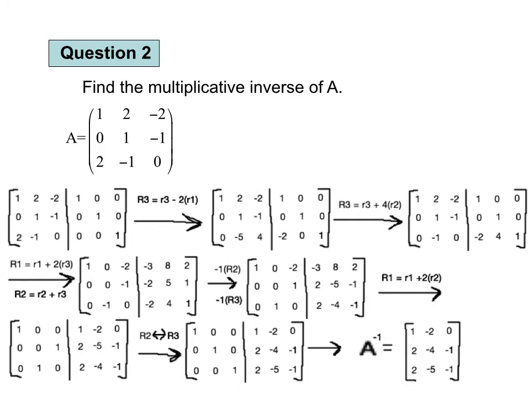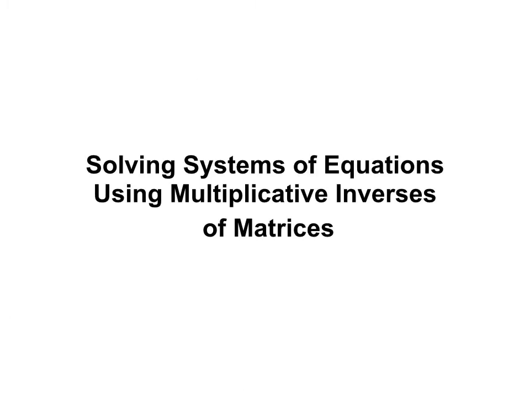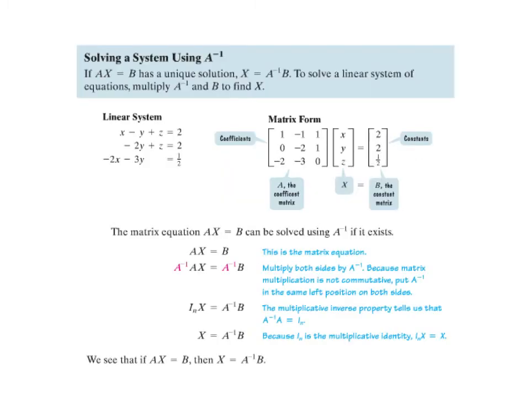Okay, now let's move on to how we can use those multiplicative inverses in systems of equations. Okay, so if we're given a system of equations, such as the linear system shown, we can write that linear system as an equation of matrices.